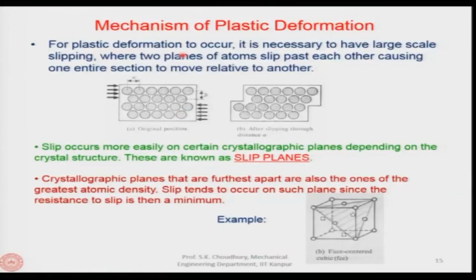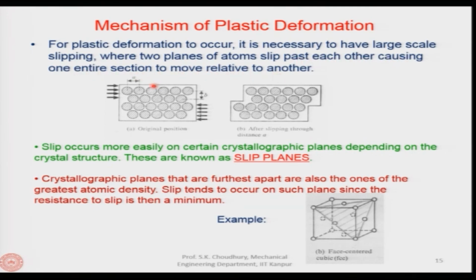This is called the lattice structure, and for plastic deformation to occur, it is necessary to have large scale slipping, where two planes of atoms slip past each other, causing one entire section to move relative to another.